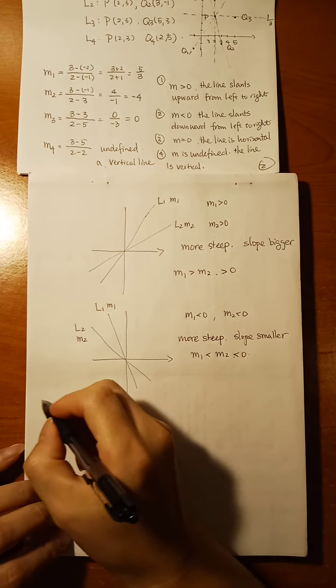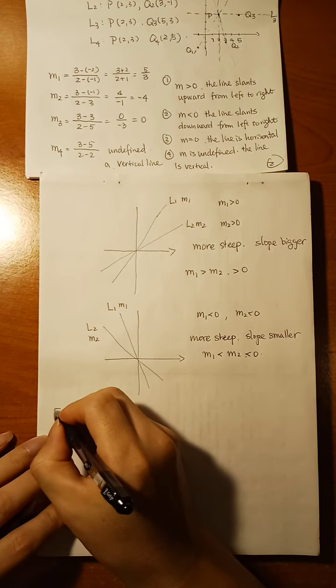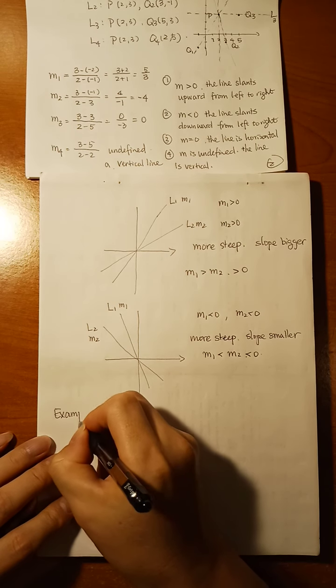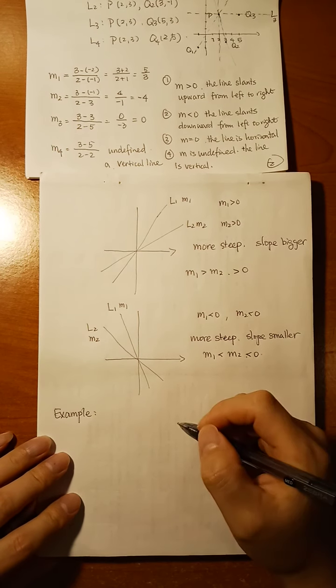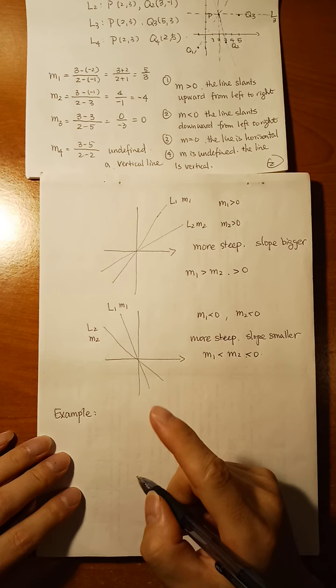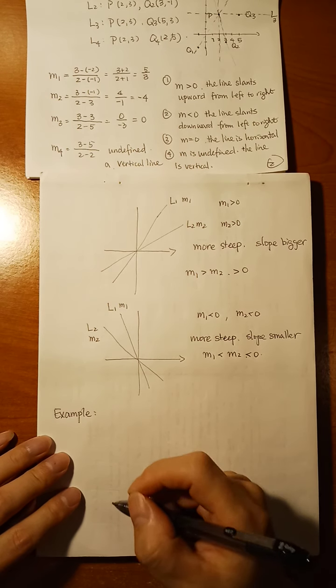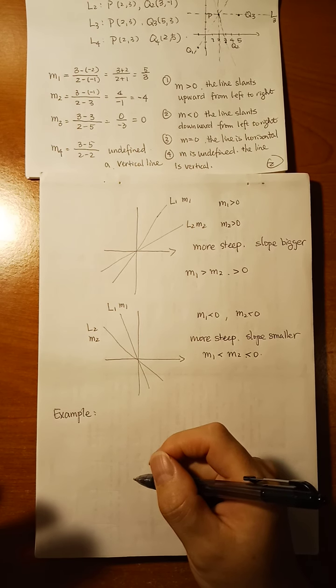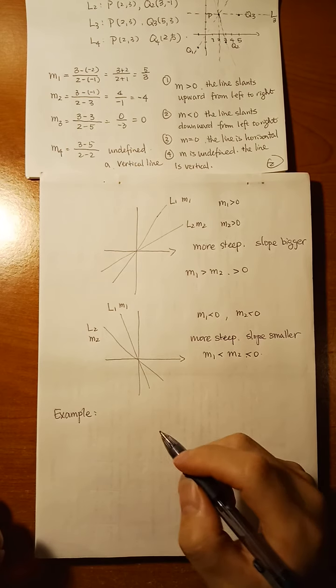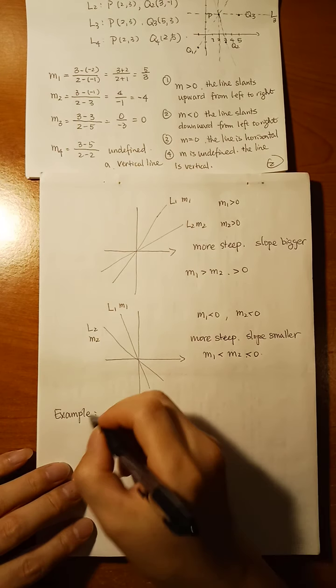Now let's see an example. If we are given a point and the slope, how do we draw the line determined by the point with the slope?